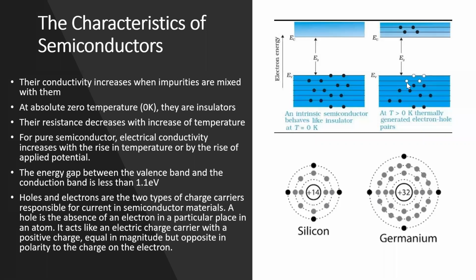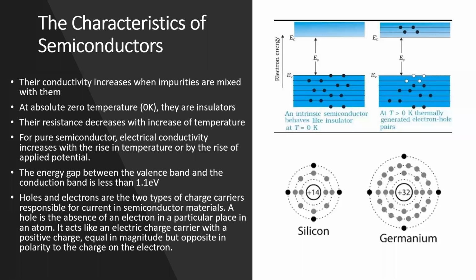So they behave as if they have equal charge, equal in magnitude but opposite in polarity to the charge of an electron. They have a charge 1.6 into 10 raised to minus 19 coulomb, which is the same as the magnitude of charge of an electron, but they behave like a positive charge.